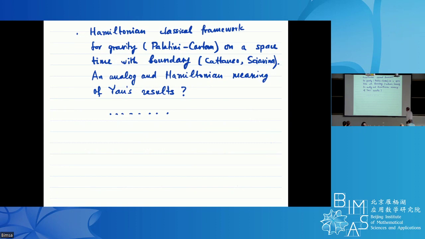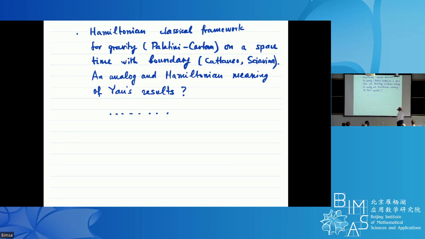So these are all the toys, and here is the serious business. There's this beautiful result by Yau a long time ago about the positivity of energy in gravity. So then, Lars, please be very critical at this point. This is pure speculation and wishful thinking.